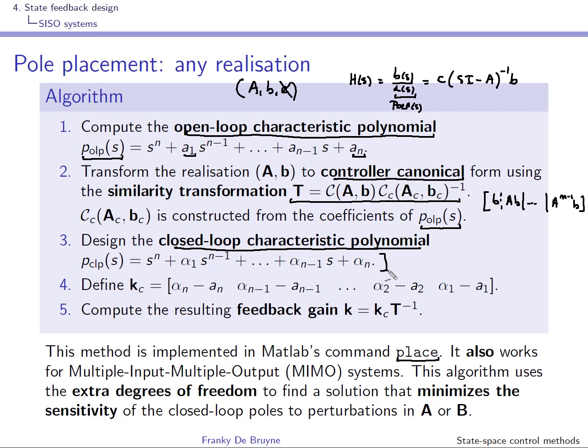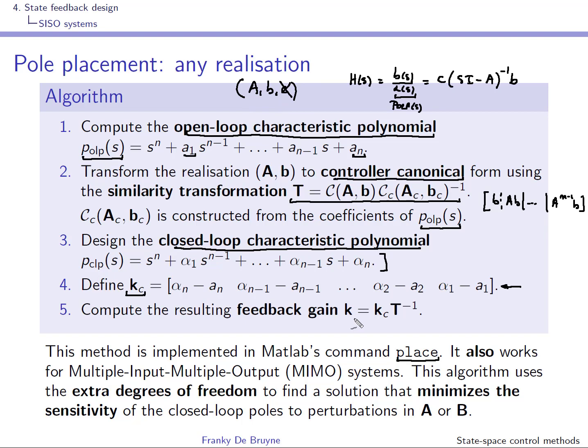Okay, so what you can now do is construct the state feedback KC here that is valid for this controller canonical form, as we have shown in the previous slide. But this state feedback is valid for the system in controller canonical form, not for the system in the original realization.